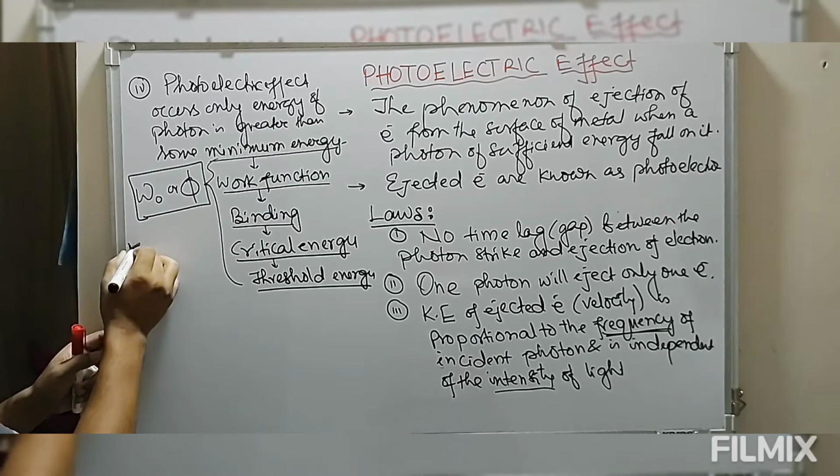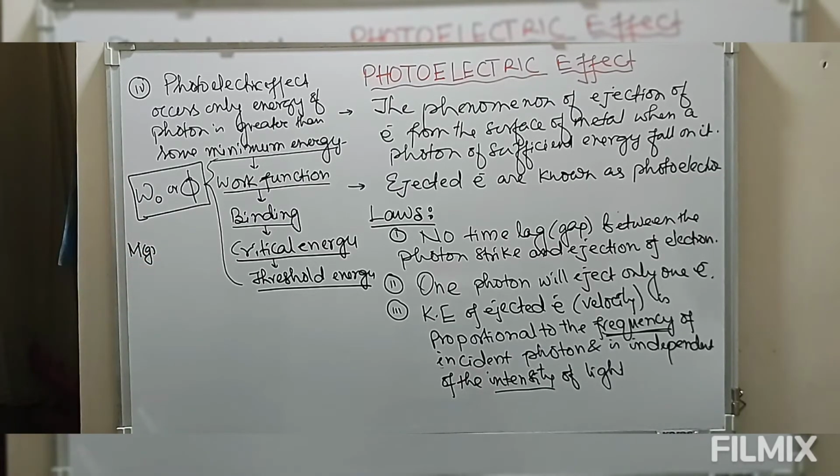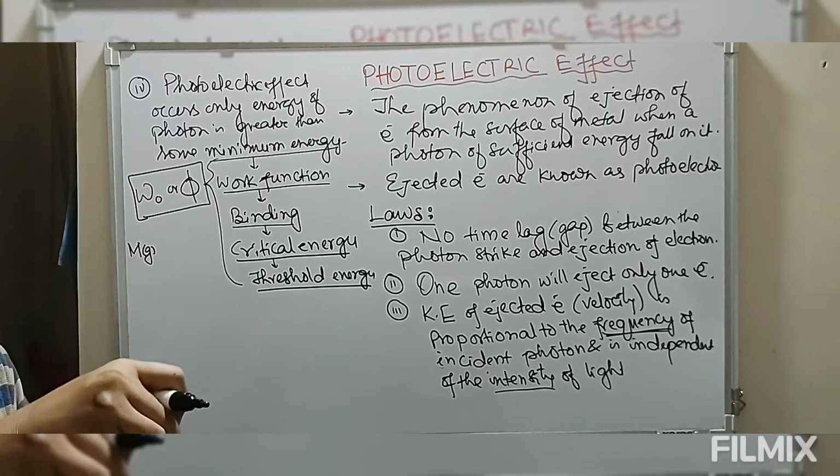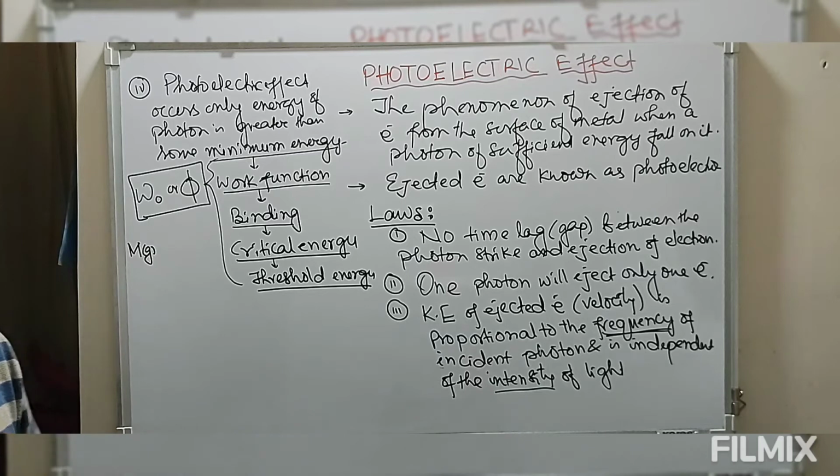Suppose we have a metal, a gaseous metal atom. In its outermost shell, some electrons are present which are loosely bound. The nucleus is positively charged, the electrons are negatively charged. So between these oppositely charged particles there is some attractive force, and we have to supply energy greater than this attractive force.